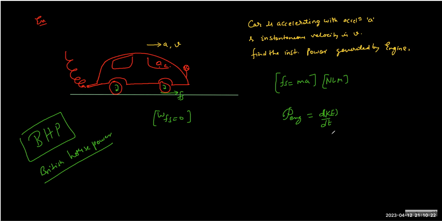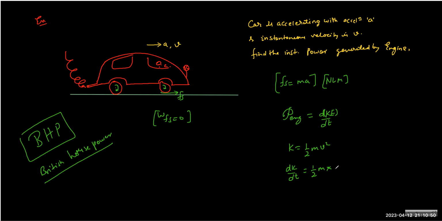Kinetic energy we write as half mv square. So dK by dt will be 1 by 2, as mass is constant for the car, assuming the petrol mass is very small compared to the mass of the car. The mass is changing, but insignificantly, so we are not taking that dm by dt.